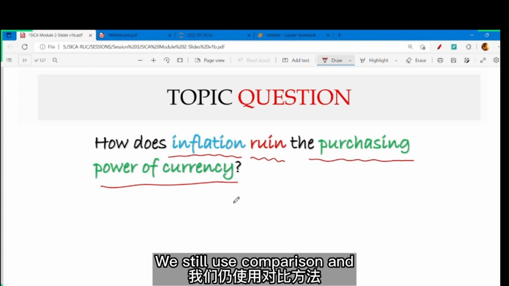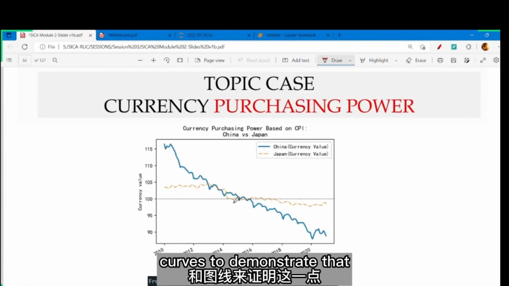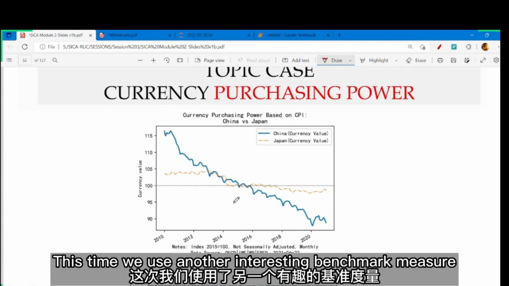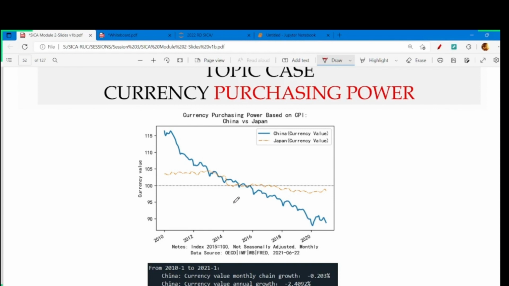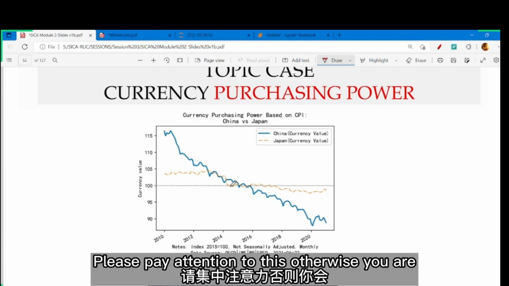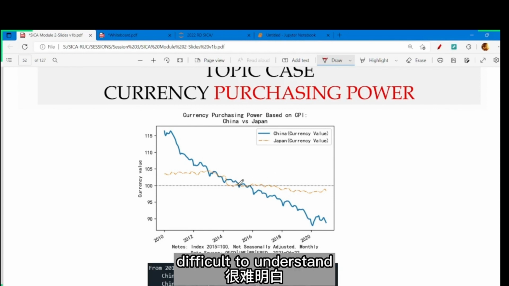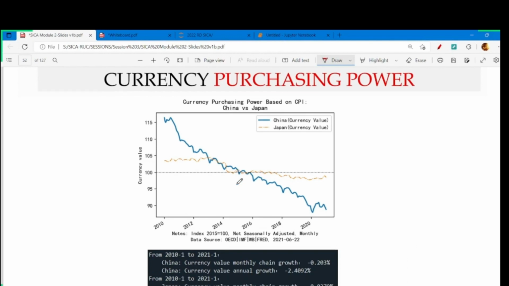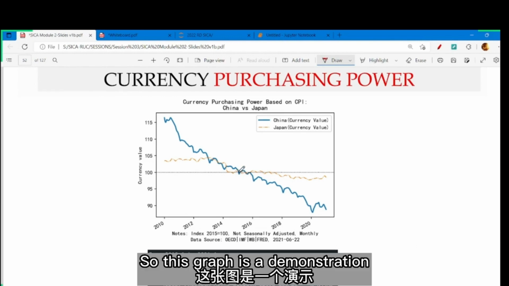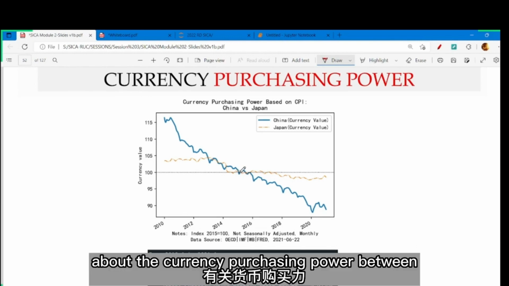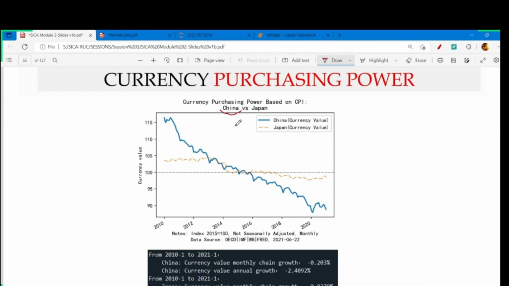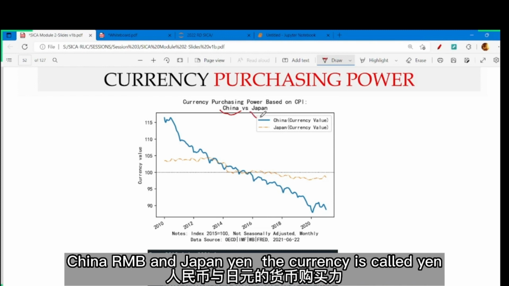We still use comparison and curves to demonstrate that. This time we use another interesting benchmark measure. Please pay attention to this, otherwise it's difficult to understand. Okay, so this graph is a demonstration about the currency purchasing power between China RMB and Japan yen.